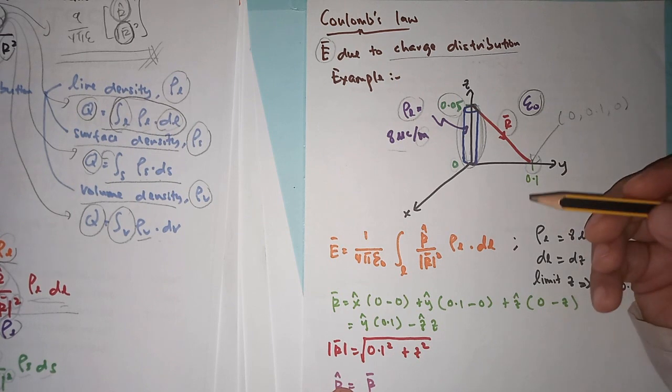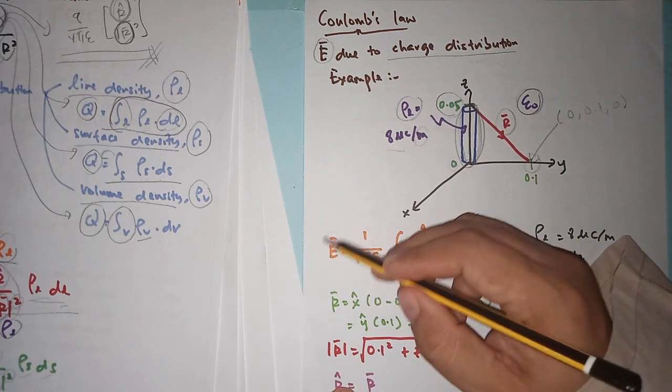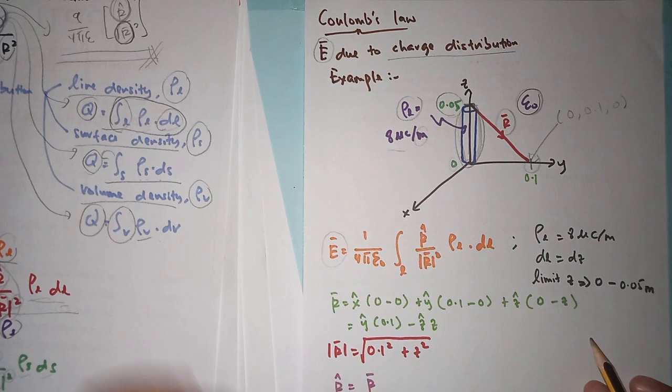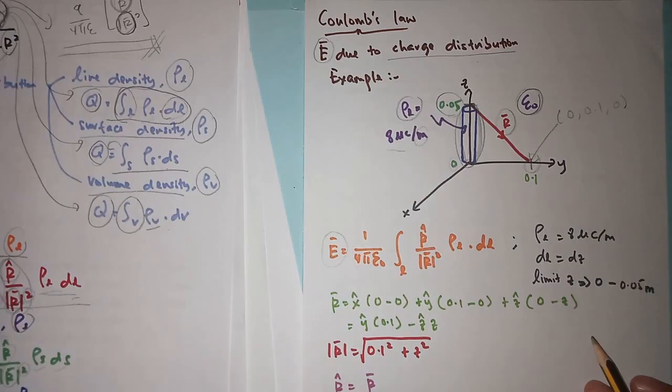So let's derive the expression for our electric field intensity produced by this line charge density.